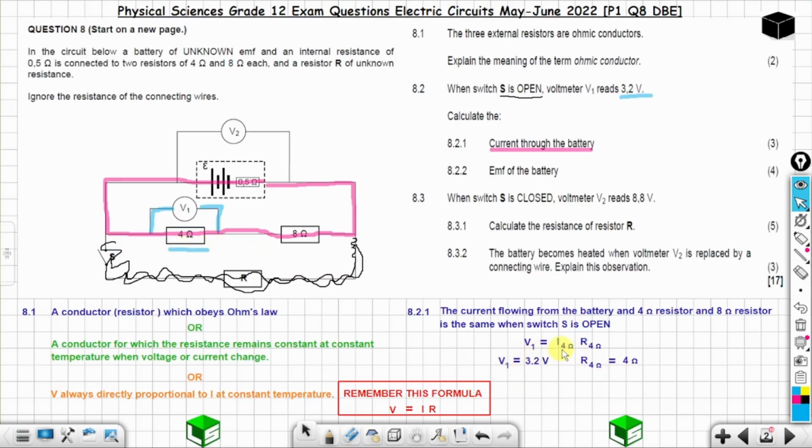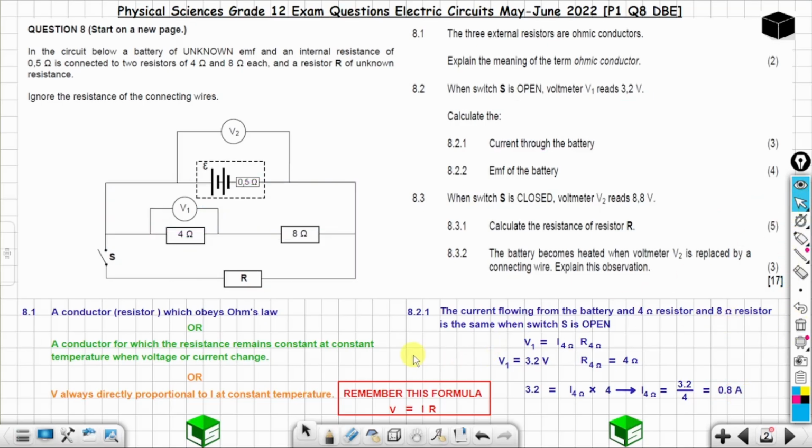Now you can calculate the current. The voltage is equal to the current times the resistance. To find the current, you are going to divide by 4 on both sides. So you have 3.2 over 4. This is equal to 0.8 amperes. Okay, we are done with question 8.2.1. Let's move on.